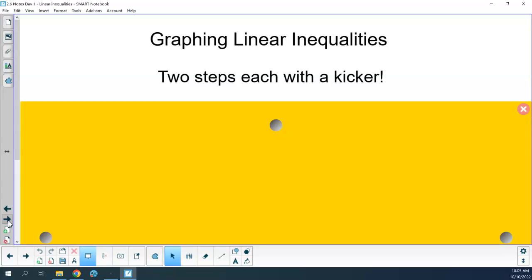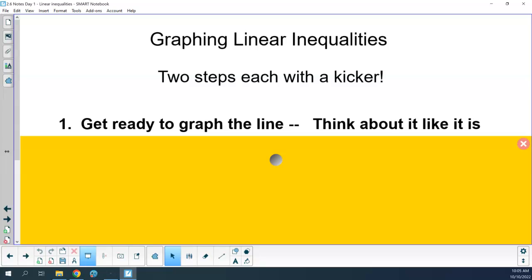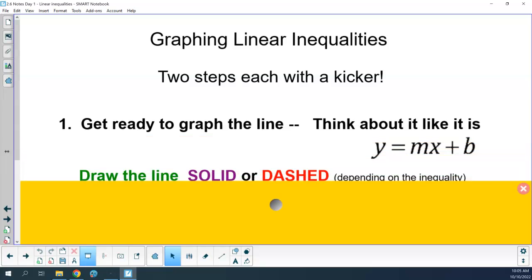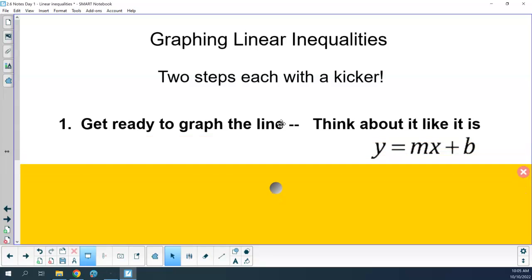So the first step when graphing a linear inequality is we need to get ready to graph the line. And the way we go about getting ready to graph the line is we think about it as if it were an equality. Okay?